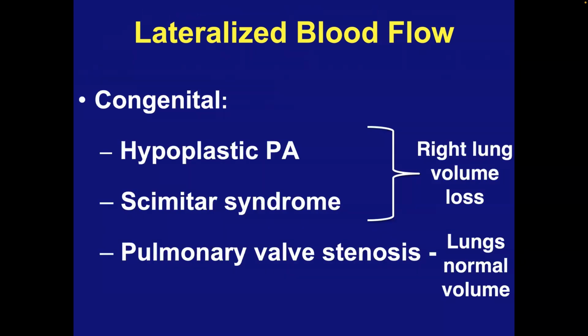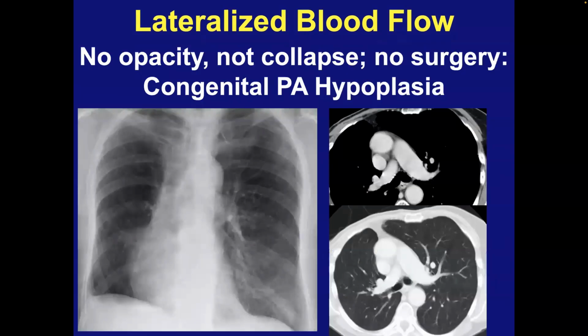There are congenital causes of asymmetric pulmonary blood flow, most of which tend to cause blood flow that is lateralized to the left. Congenital hypoplasia of the pulmonary artery almost always affects the right pulmonary artery, so that the right hilar vessel looks small relative to the left. And since with hypoplasia there is decreased blood flow to the developing lung in utero, and since fetal alveolar development is in part reliant on pulmonary blood flow, a hypoplastic pulmonary artery means that not only will the vessel be small, but the whole lung will be small too.